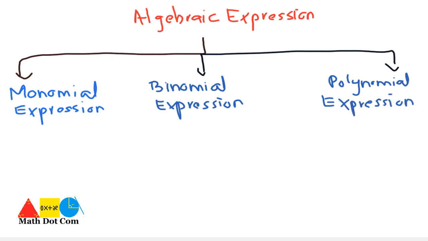Let's define them one by one and apply examples of their evaluation, how we can evaluate monomial, binomial and polynomial expressions. First of all, we have monomial evaluation.